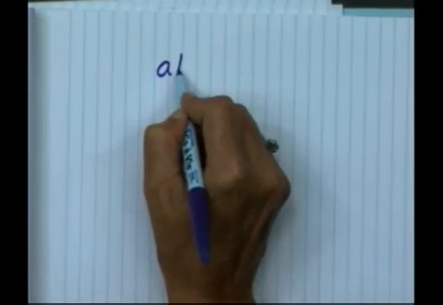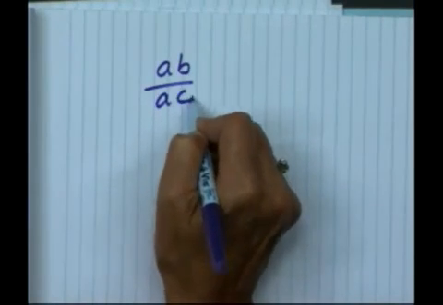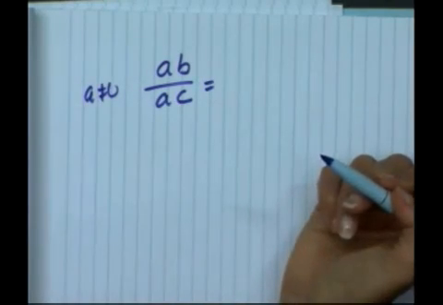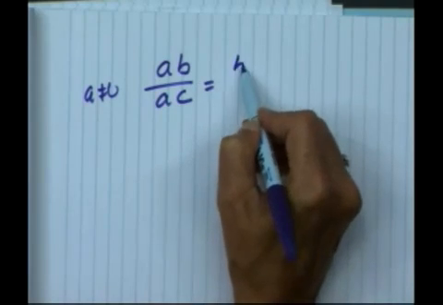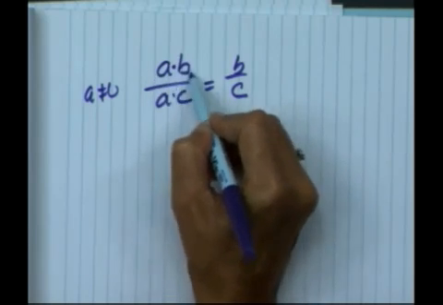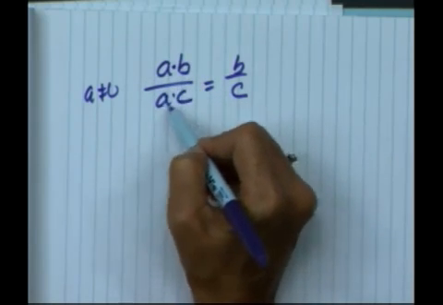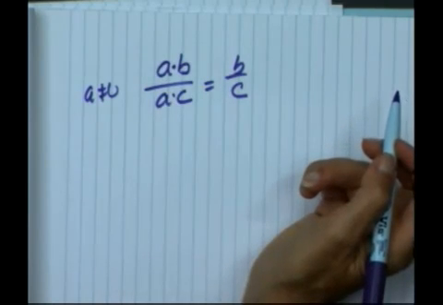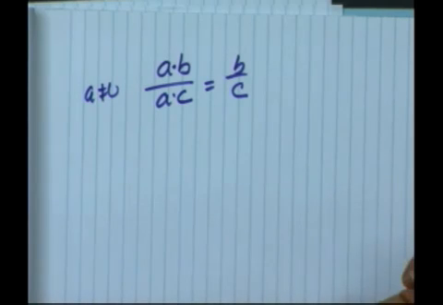Remember that when you have a times b over a times c, with a not equal to 0, it simplifies to b over c. So we're going to completely factor the numerator, completely factor the denominator, and hope things divide out.